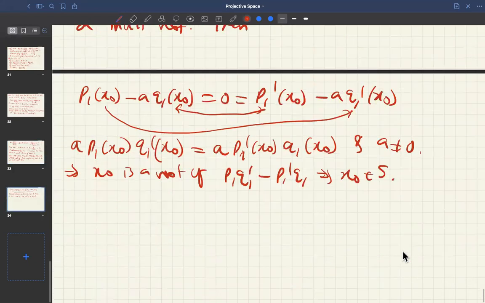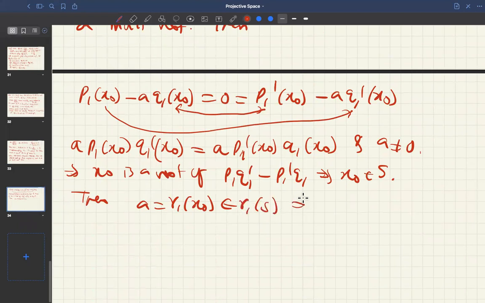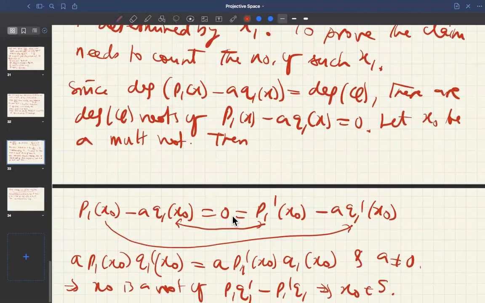If it's a multiple root, then A, which is R1 of x naught, is in R1 of S, which is a contradiction because A is not in R1 of S. Thus P1(x) minus A Q1(x) equal to 0 has no multiple roots.